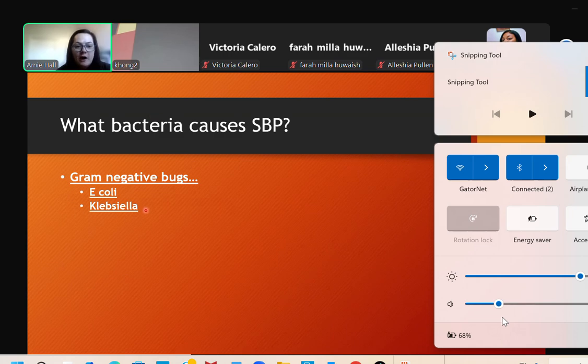Think about bugs that live in the gut. E. coli lives in the gut, Klebsiella lives in the gut. So gram-negative bugs are the most common bugs that we attribute to SBP, getting into areas that they should not be. We can also have Streptococcus and Staphylococcus, but those are less common.